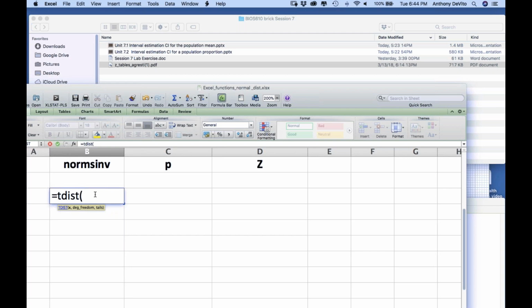Say 1.92, comma, I'm going to say a sample size of 10, which is 9 degrees of freedom, and two tail. Okay, and interestingly enough, we're maybe more interested in T.INV than we are in T.DIST. Hang on a second.